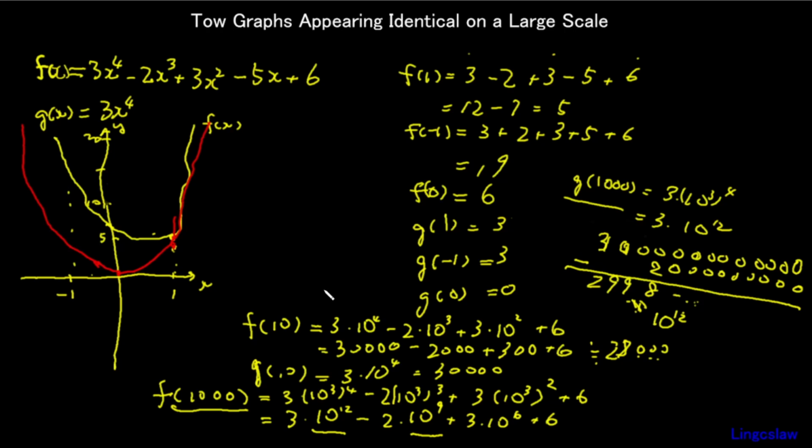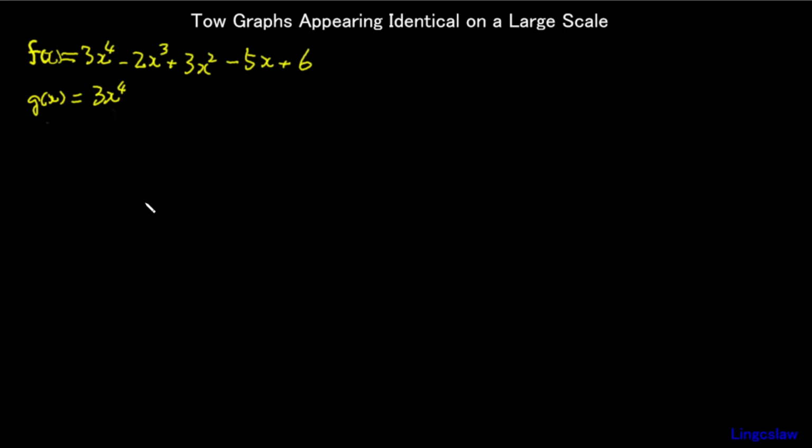Now, how to prove this one? How to show this one more mathematically? We can show that the graphs of these functions are identical for the absolute value of x very large by the fact that the term 3x to the power of 4 in f dominates the polynomial f for numerically large values of x, by examining the ratio of the two functions as x approaches plus and negative infinity.